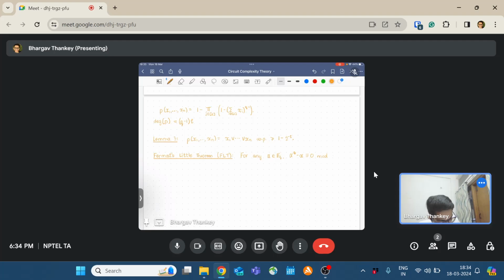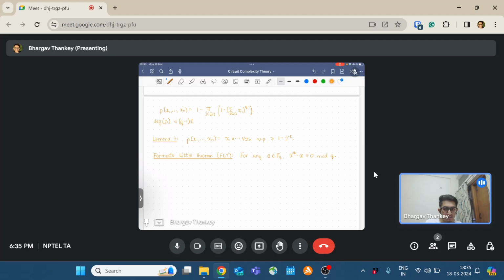One way to see this is the following. For alpha equals 0, this is clearly true. Every element in FQ other than 0, that is 1 up to Q minus 1, is in the multiplicative group ZQ cross, and the order of that group is Q minus 1.